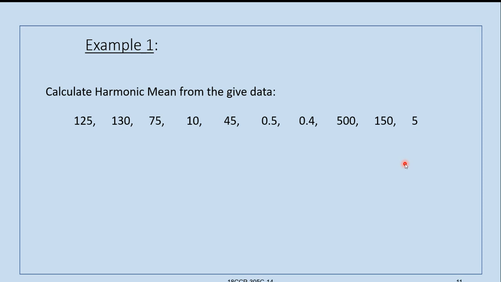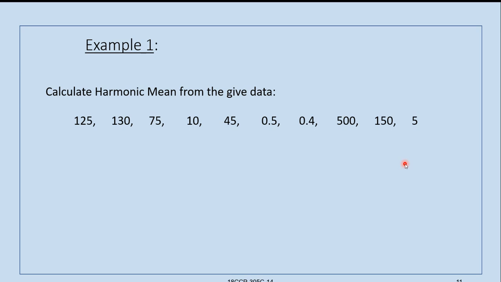So these are taken as they are in X, that is the first column. So in total we have 10 values in the series.